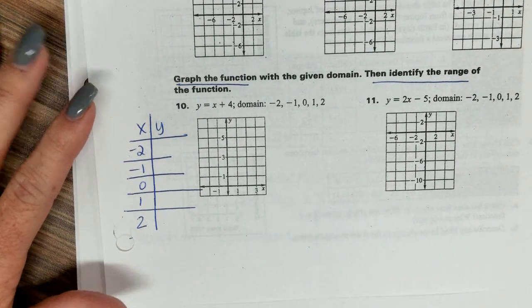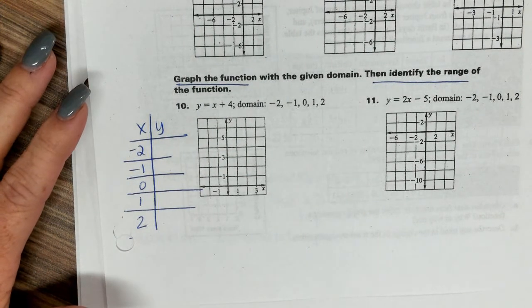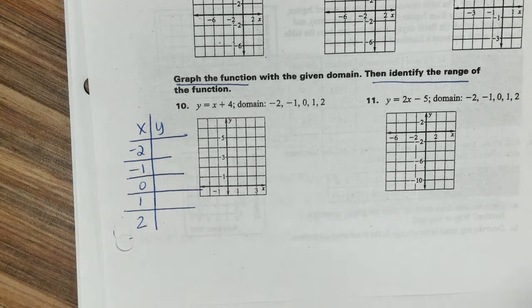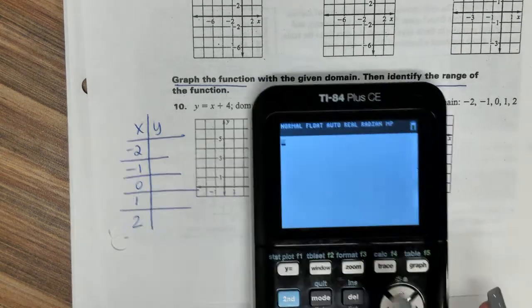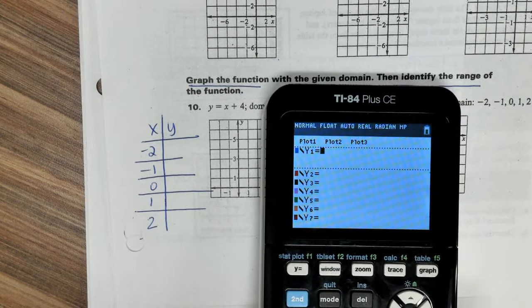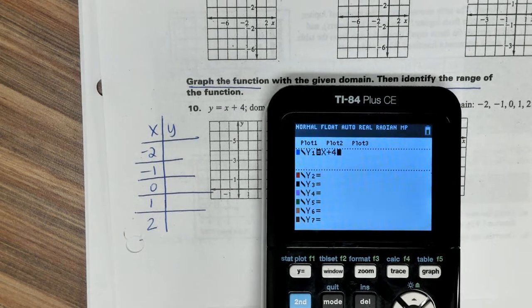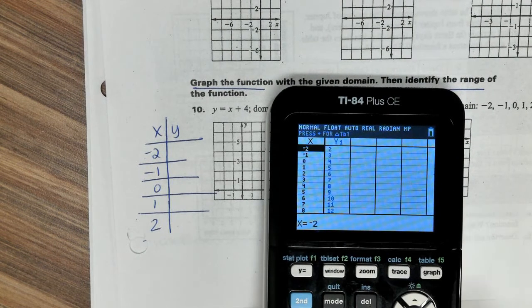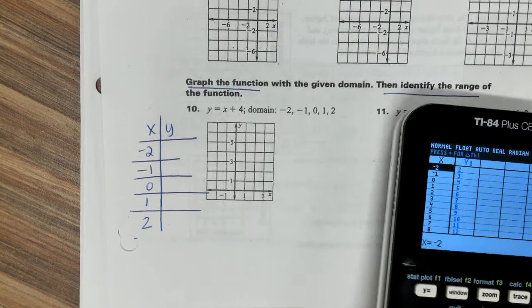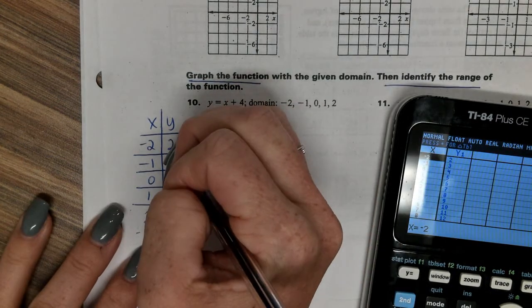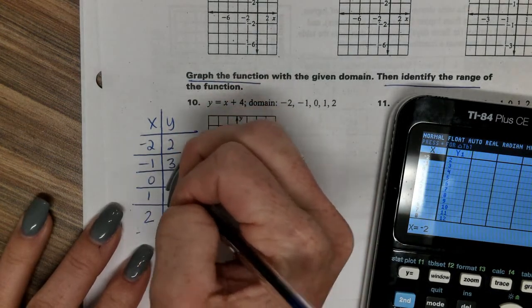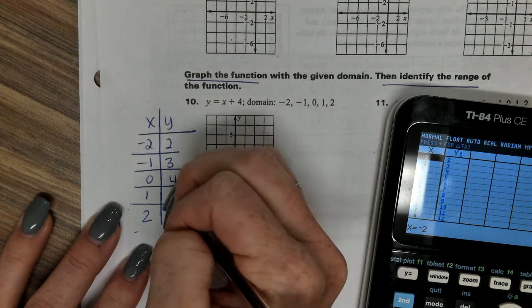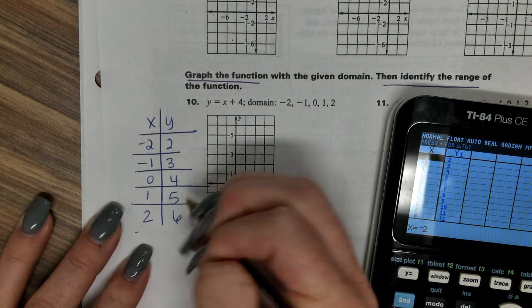Do you have to do these by hand, or can you use your y equals button? All right, so I'm going to go to y equals. I mean, probably I could have done these in my head pretty fast, but whatever. Because I'm just adding 4 every time. So -2 is at 2. -1 is at 3, 0, 4, 1, 5, and 2, 6.